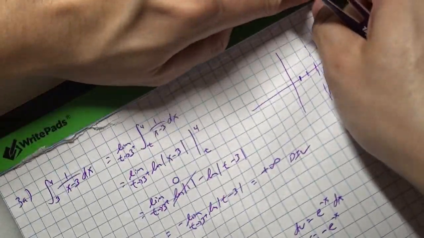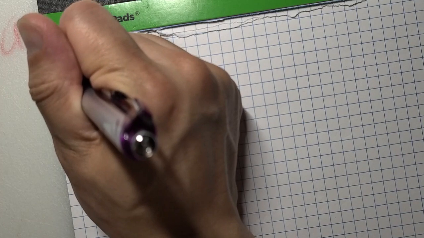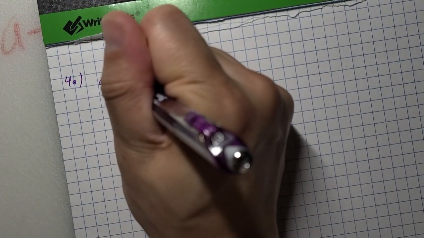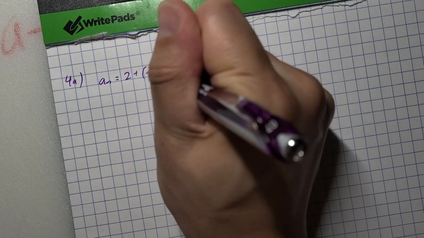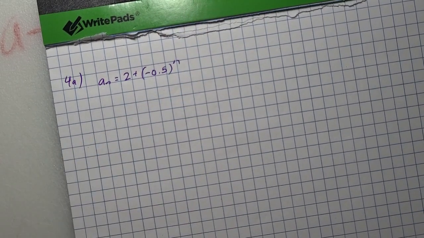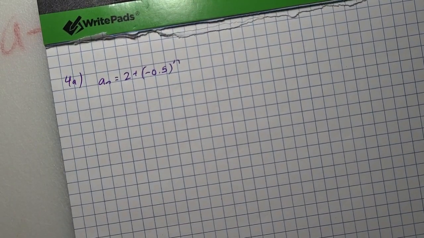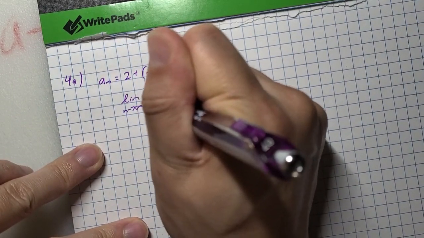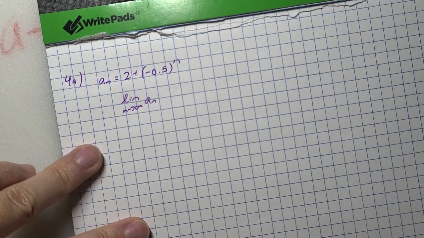Let's move on. Now we have to find whether these sequences converge or diverge, okay? A sub n is 2 plus minus 0.5 to the n. So how do we solve this? To see if it converges, we take the limit as n goes to infinity of a sub n.